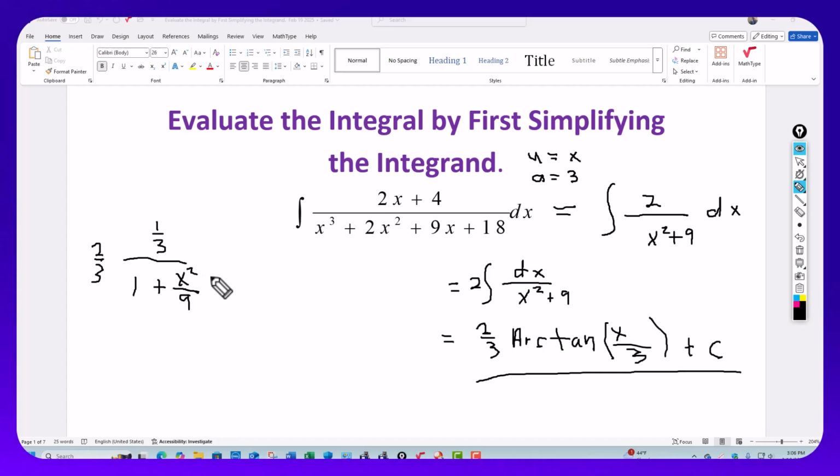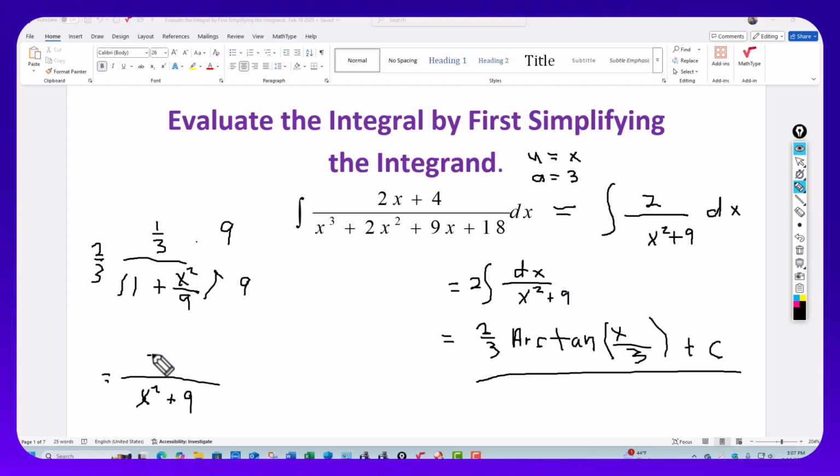And then to simplify this, multiply the denominator by 9, the numerator by 9. So this is going to give me 9 plus x squared, because the 9 here cancels with the x squared over 9. So this will be x squared plus 9. And in the numerator, this is actually going to be 2 9s, so the 9s cancel out.